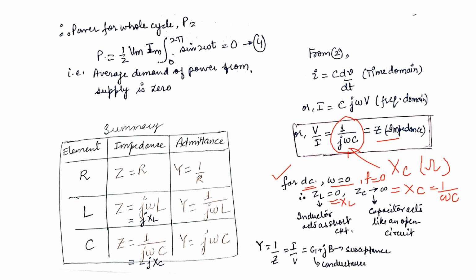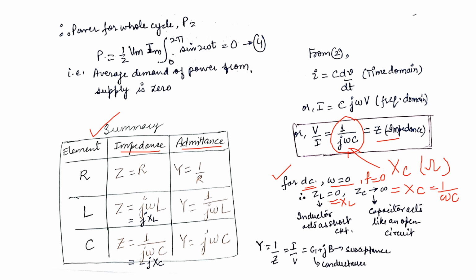Now let us see the summary of all the elements we have seen so far: R, L, and C, all three passive elements, with expressions for impedance and admittance. For a purely resistive circuit, Z is equal to R. For a purely inductive circuit, Z is equal to j omega L, that is jXL. For a purely capacitive circuit, Z is equal to 1 upon j omega C, which can also be written as minus jXc.